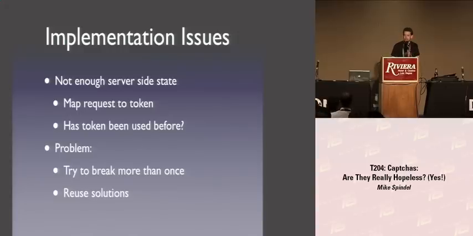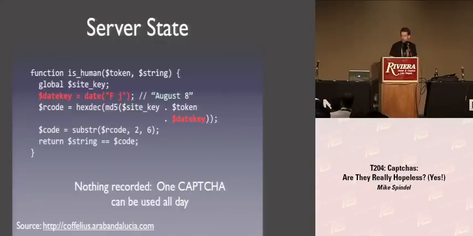The other problem that's a little bit less common is that some implementations simply can't tell whether or not a CAPTCHA has been used before. And so it's possible to reuse the CAPTCHA several times over the course of usually a certain time period. So here is an example. This is a chunk of code from a defunct software project. The software project is defunct, but you can find the code living on in various sites across the web if you look hard enough.